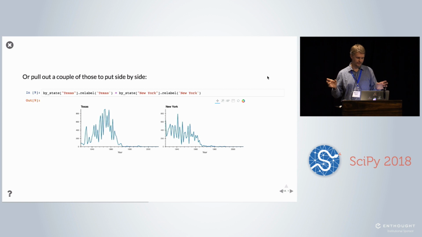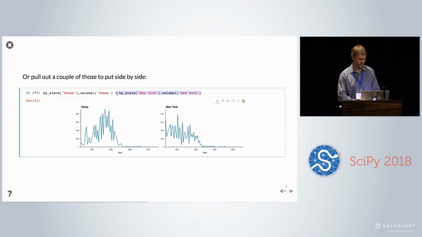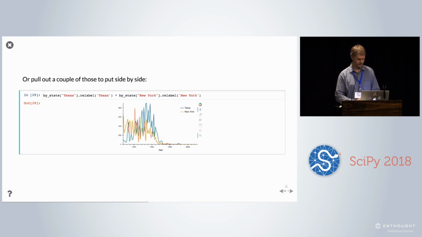Similarly, if you have an object and you have another object, any number of these objects, it should be very simple, unlike in certain plotting libraries, to just say they should be next to each other, or they should be overlaid on top of each other. Plus is layout, star is overlay.